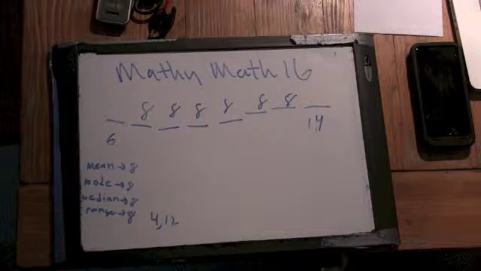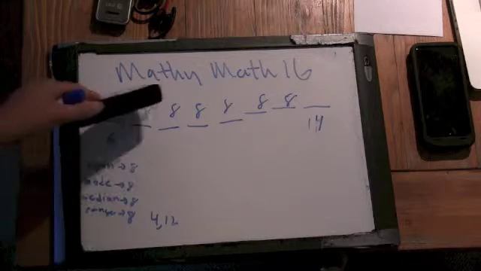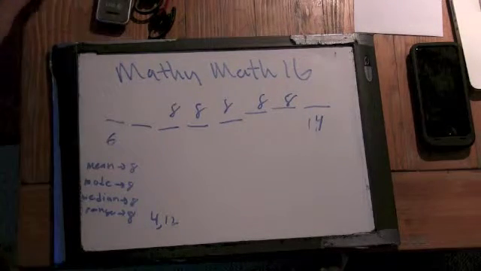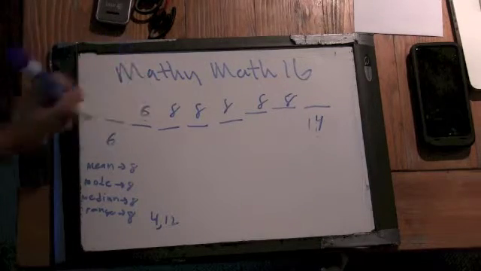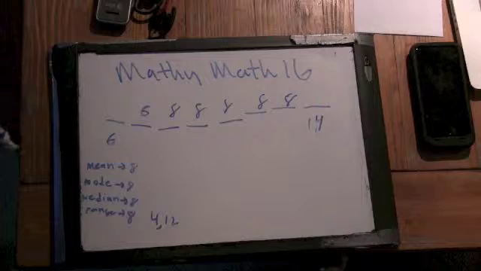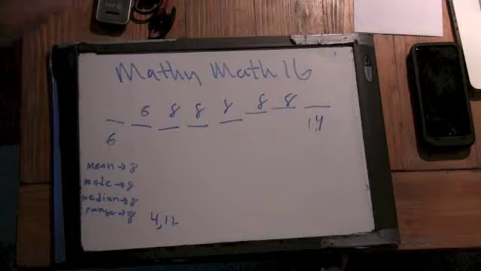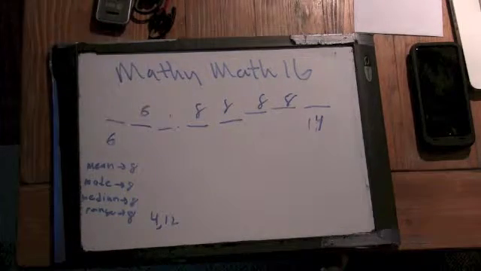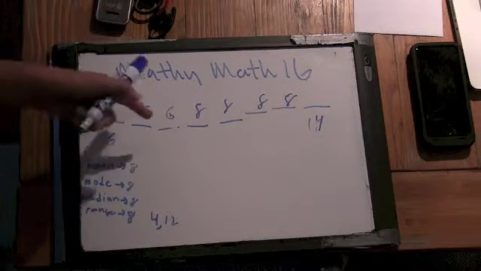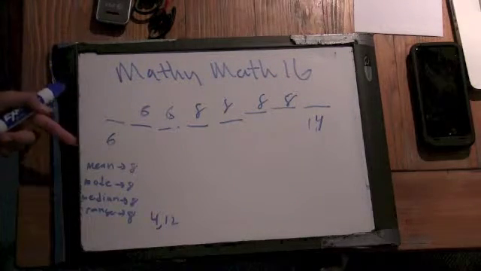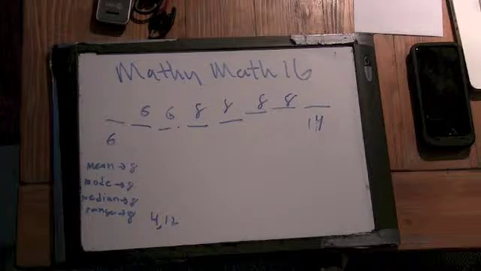Okay. This means you have to change one of the 8s to a 6, and then it works. Because we have to change 2 8s to 2 6s. And what happens here? Well, now it works.